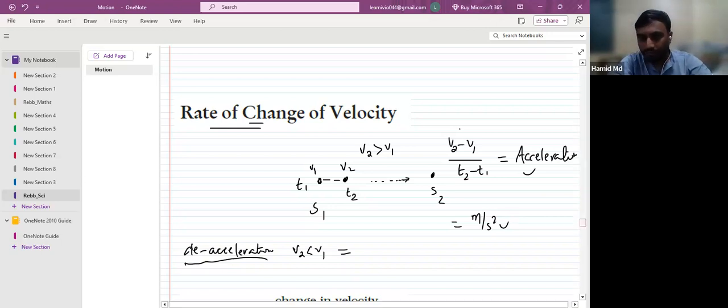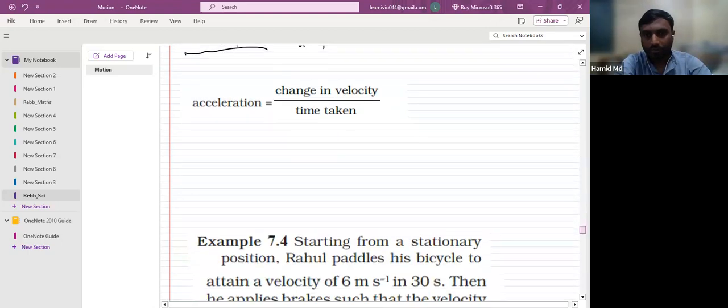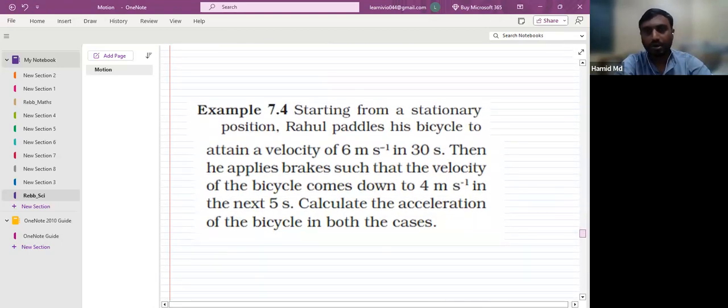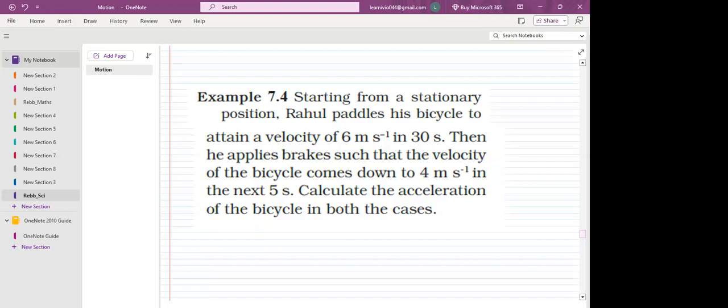So what are we left with next? If you understand the concept, then this is the problem for you. Can you do it?